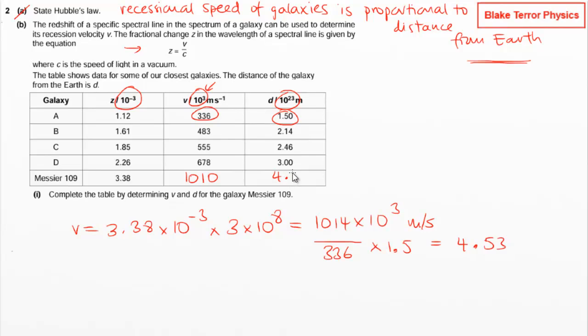Now, we get slightly different numbers depending on which row we use of data out of all of this. So it doesn't have to be exactly 4.53, but yeah, that's what we end up getting if we use the top row.